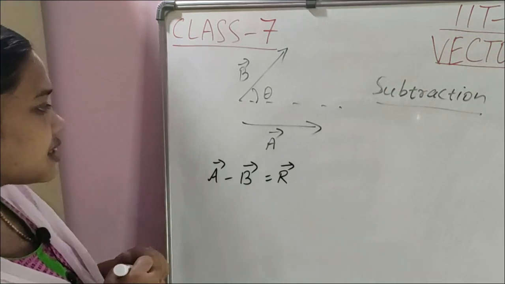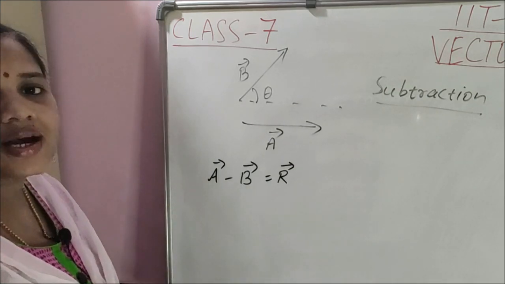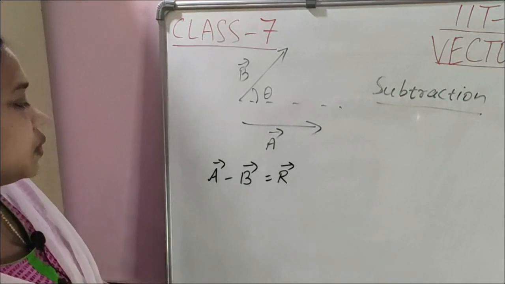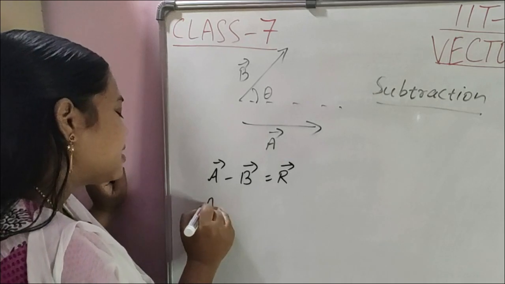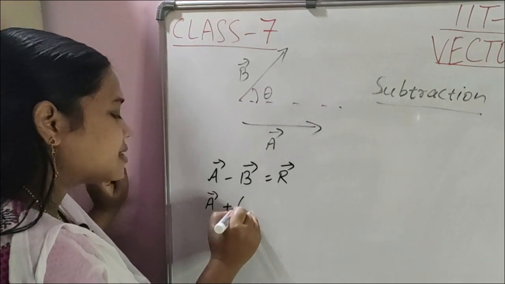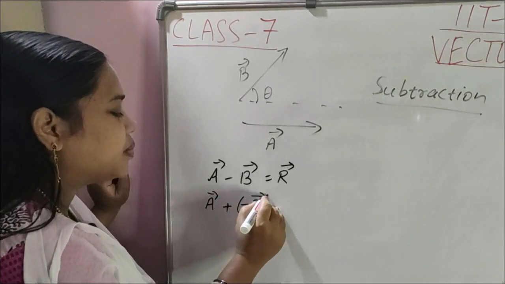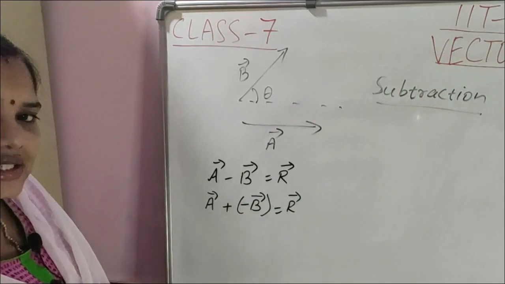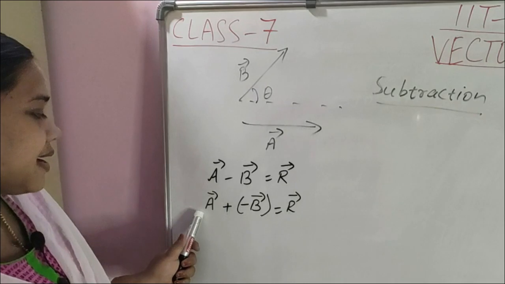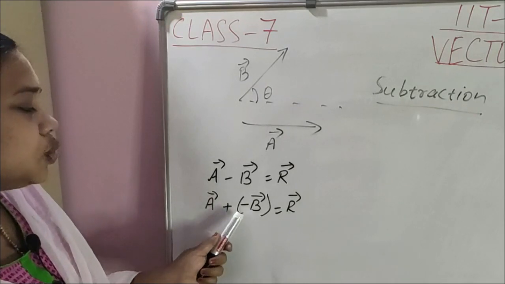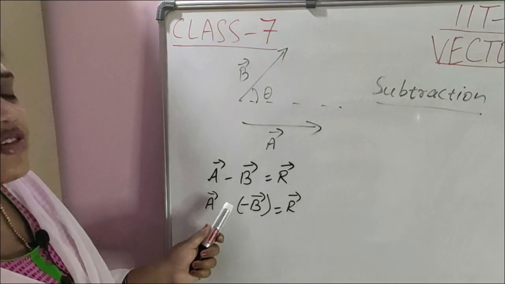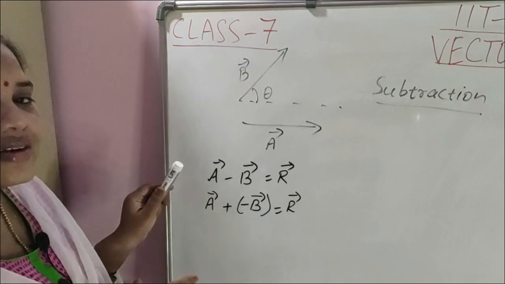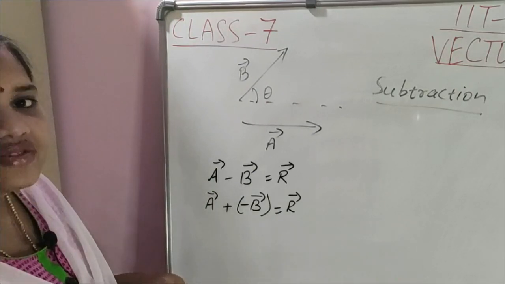Now how can you subtract? As I am saying, you can't subtract, you have to add. So what will we do? Vector A plus negative of vector B is equal to the resultant vector. Here you can see children, we are adding vector A to the negative of vector B, which means we are not subtracting the vectors, we are actually adding vectors.